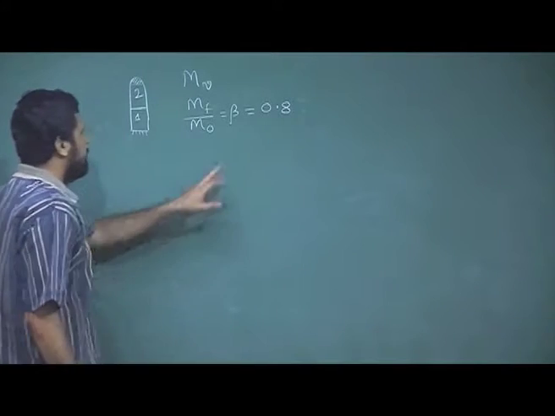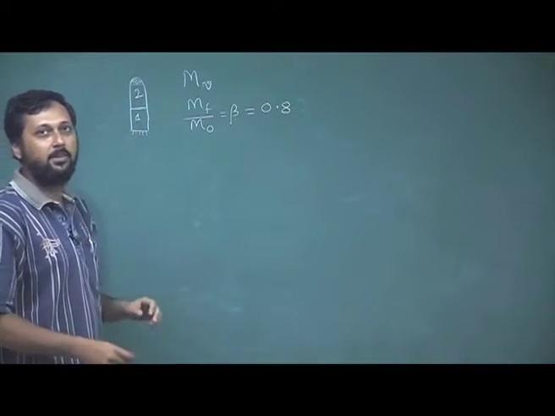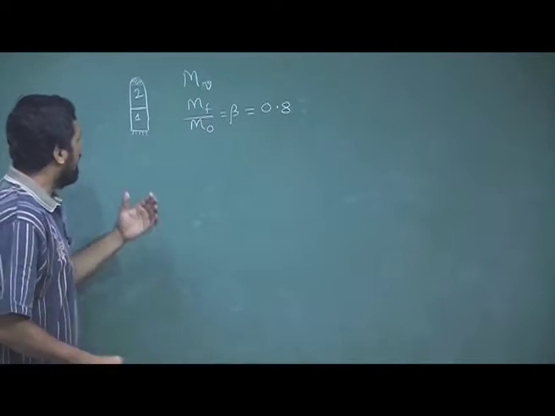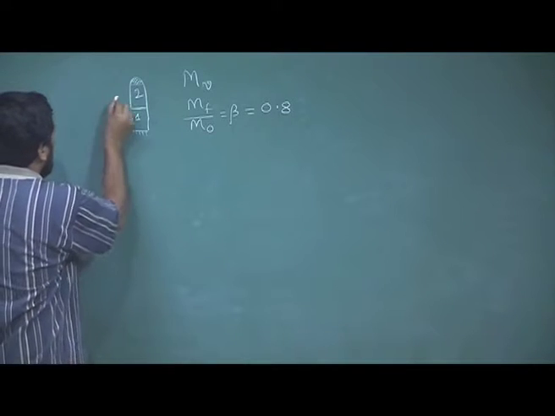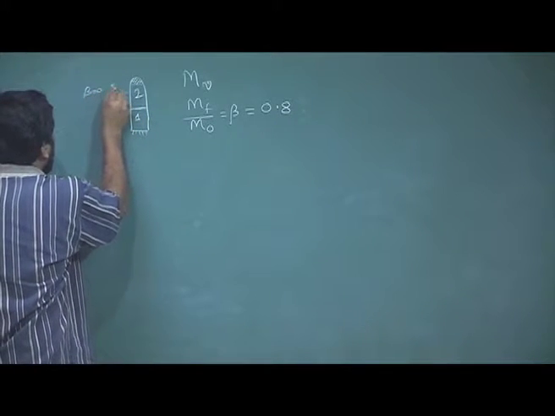And assuming that beta remains the same for the two stages, there is a slight mistake in the statement of the problem, please correct it accordingly. So it is a two-stage rocket, both of these stages have beta equal to 0.8.